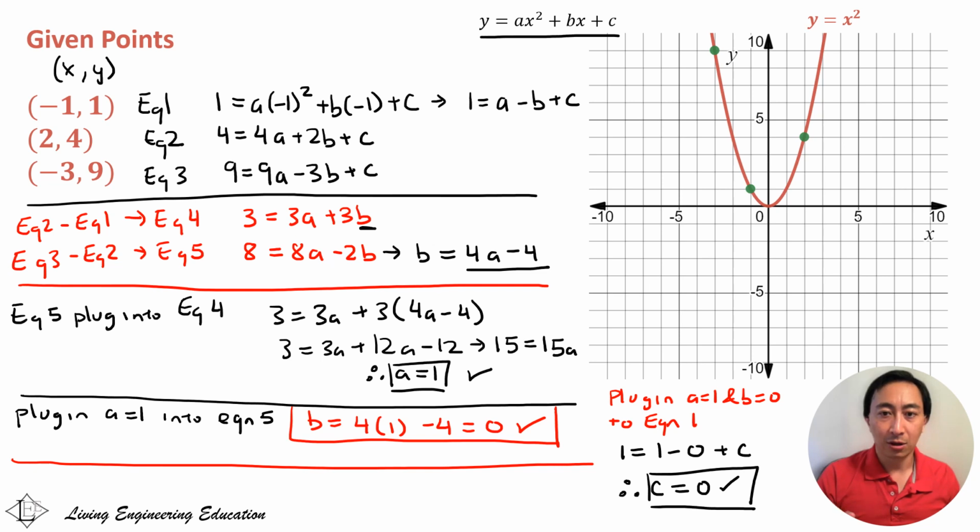And then you can unpause the video and see if you match the process or the final answer. Right? There's a lot of different ways to solve 3 equations, 3 unknowns. This is just one method that I think falls out nicely because the C terms all have the same constant in the first 3 equations. So let's take a look at our next example problem.